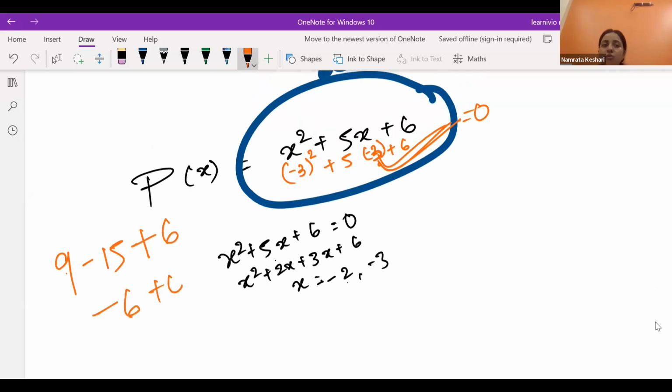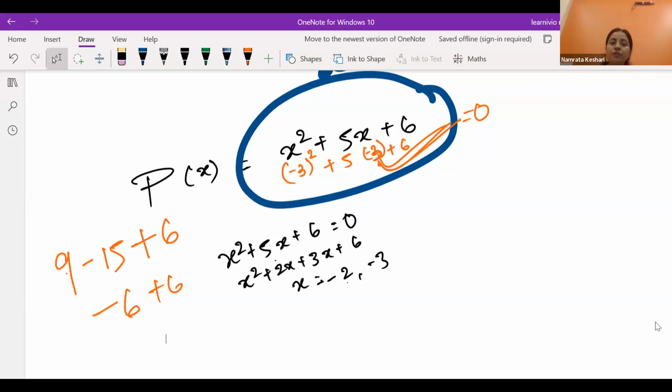The other one will also give you 0. That's the meaning of the 0. Such an x value we are trying to find, which will make our polynomial 0, and this is the method for finding it. So two things you need to understand: the method and the meaning of the 0. Clear? Yes, ma'am.